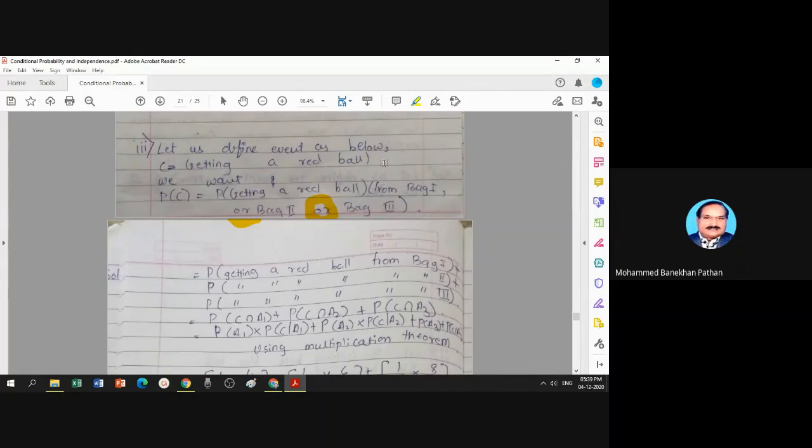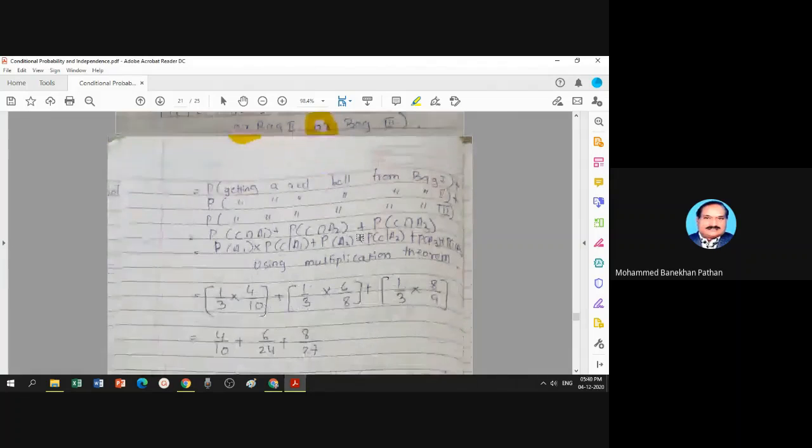To satisfy the event, we don't want all. We want any one possibility. And whenever you want any one possibility, different probabilities are going to be added. Be remember.